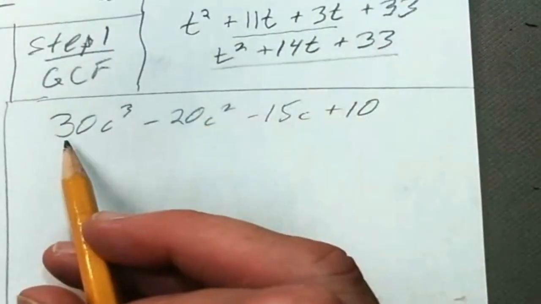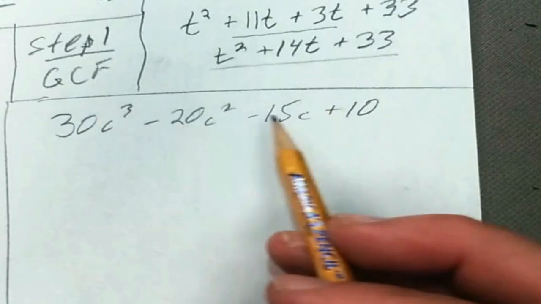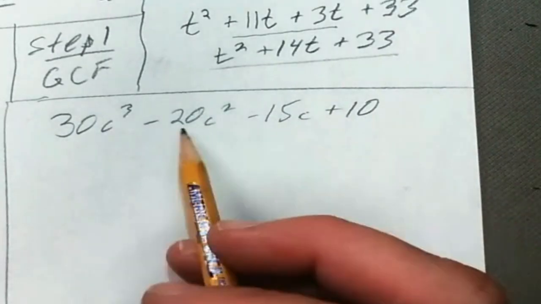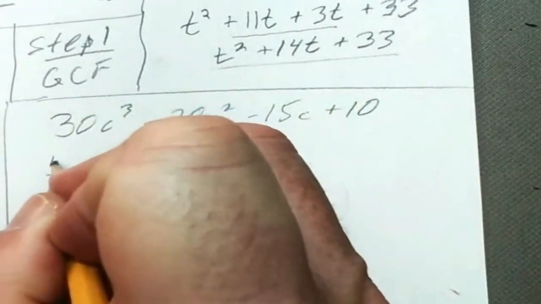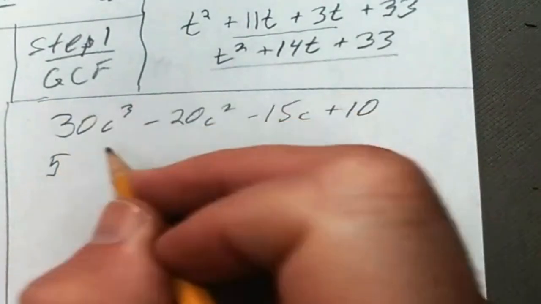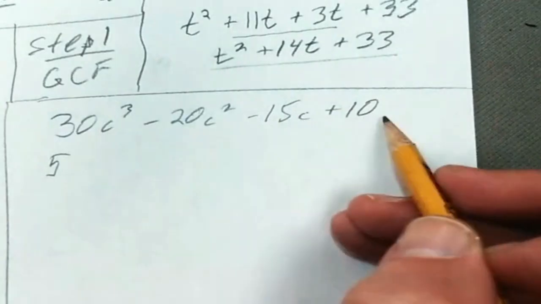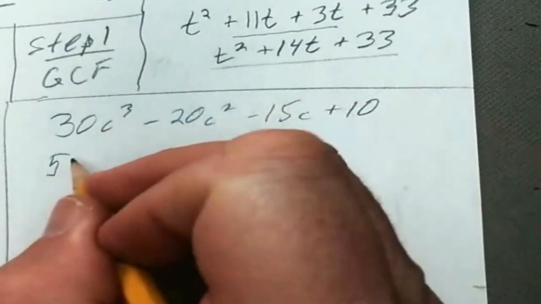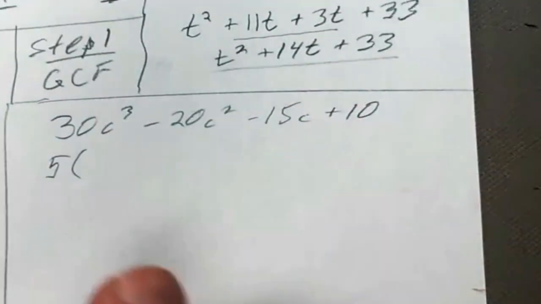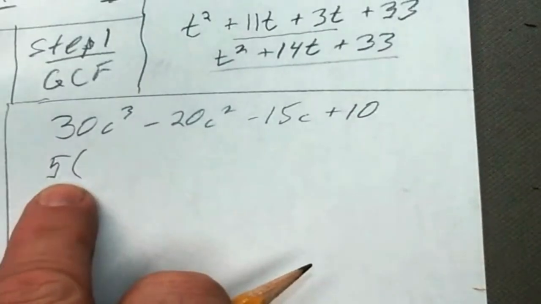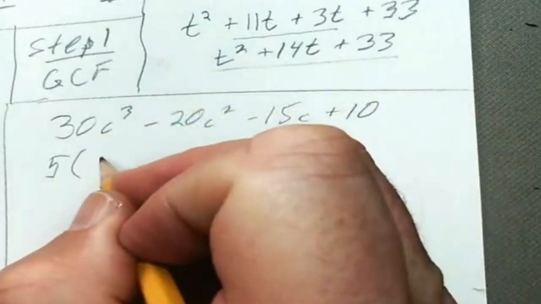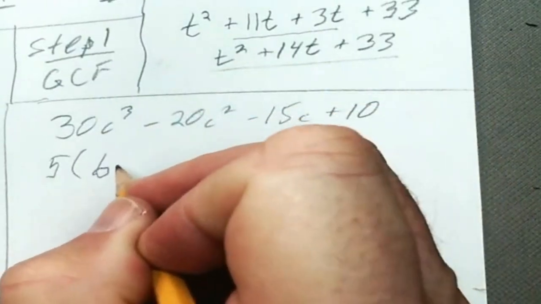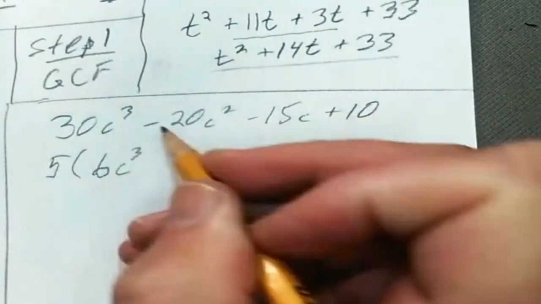When we look at this, we see 30, 20, 15, and 10. And these are negative, but all of those we recognize right away are divisible by 5. C to the third, c squared, c, no variable at all. So 5 is the only thing we can factor out. But doing that first is going to make this a lot simpler. So 30 divided by 5 is 6, so we have 6c to the third.